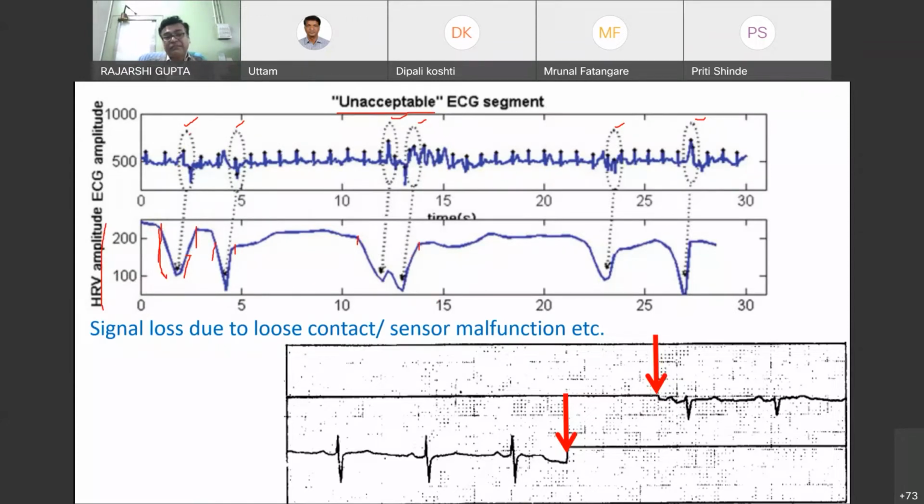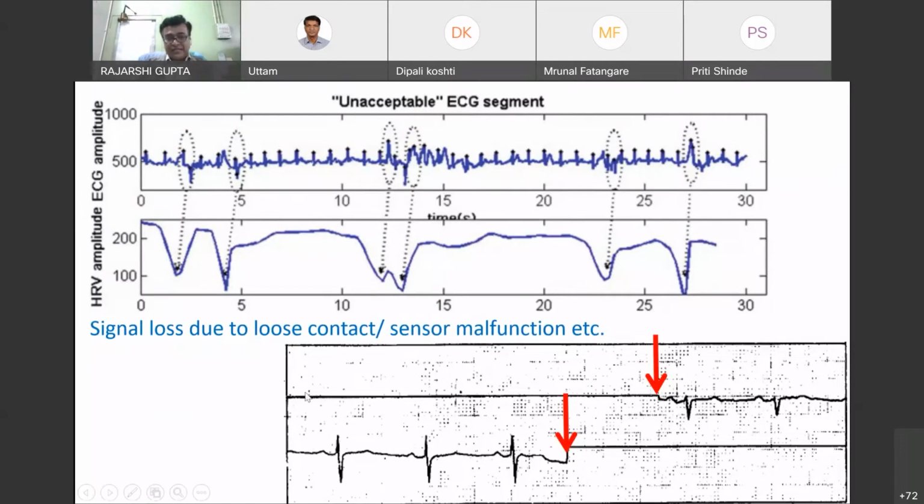So when it is difficult to assess the unacceptable ECG segments from the time domain representation of the signal, sometimes these derived measurements become useful, like plotting the HRV amplitude here.